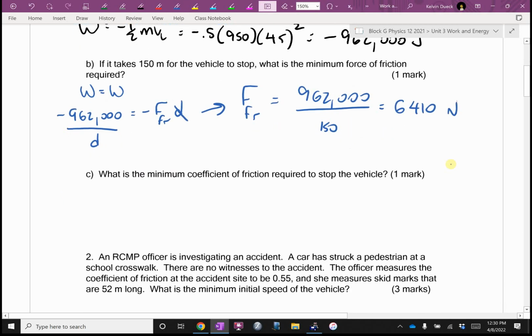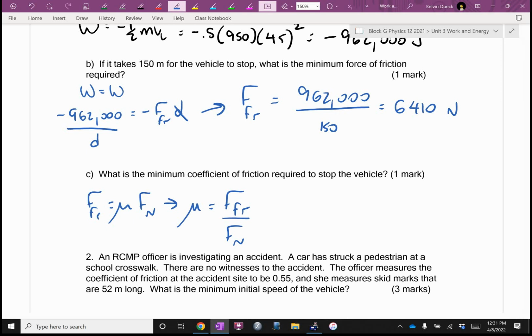What's the minimum coefficient of friction? Oh, now I can do something with this, because friction is also mu times the normal force. I guess mu is going to be friction divided by the normal force. I don't know the normal force, but you know what? We're in grade 12 now. We've gotten pretty good at free body diagrams. I'm pretty sure mg and the normal force are the same thing.